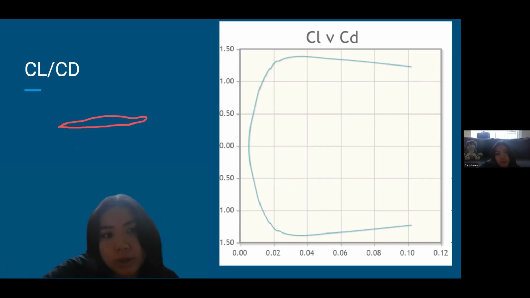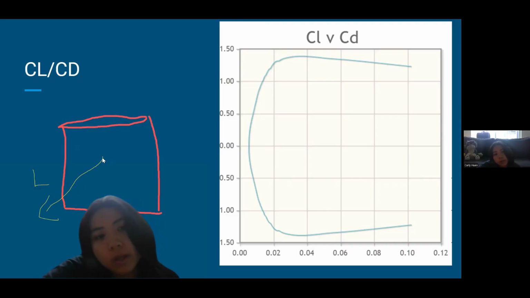Just think this is your rudder fin, right? Here would be your lift force, and here would be your drag force.